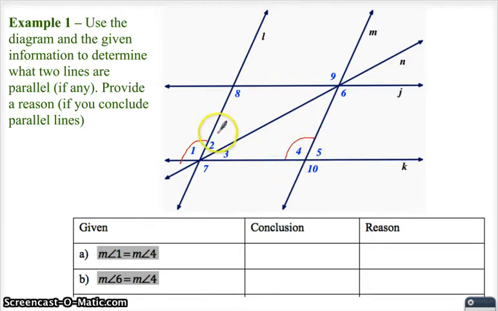okay, there's a bunch of stuff going on in this picture. There's a zillion transversals and lines that could possibly be parallel. The conclusions would be something like, well, then I know line blah is parallel to line blah. So what's my blah that I'm going to fill in there? Which lines does that make parallel? Well, the way to sort this out, because there's so much going on, is look at the vertex of the angles we're talking about. We're talking about this vertex here and this vertex here.